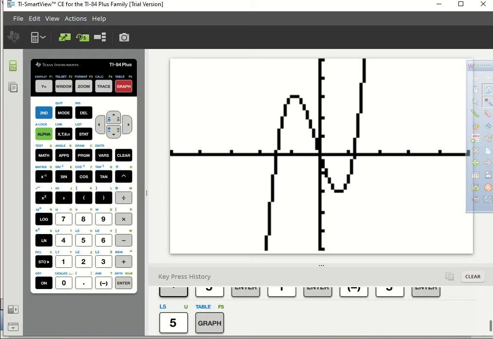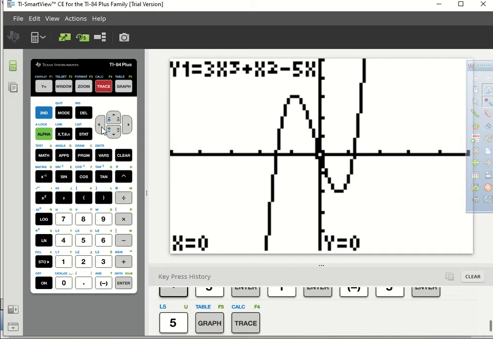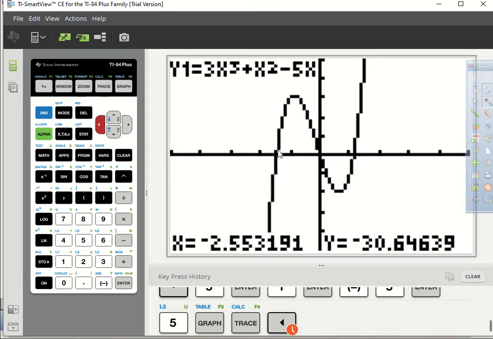Now, we want to find the zeros. To find the zeros, we're going to use the Trace button. You remember this from when we did quadratics. So I see I have a 0 at 0, 0. So you're going to go ahead and write that down, a 0 at 0, 0. And then we can arrow over. Oops, where did I go?